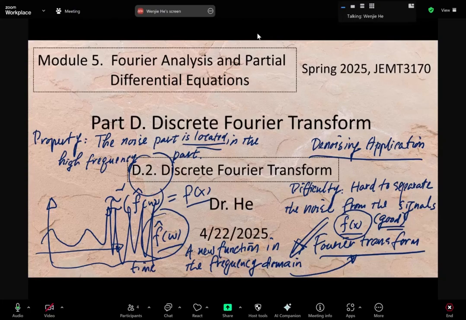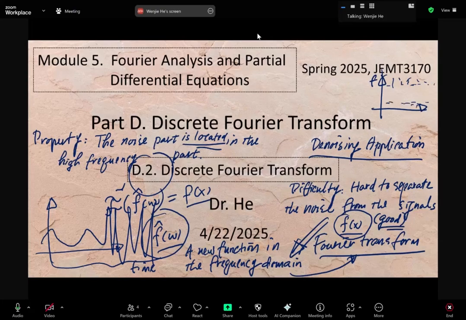But in the frequency domain, it is along a frequency axis: low frequency here, higher frequency there.